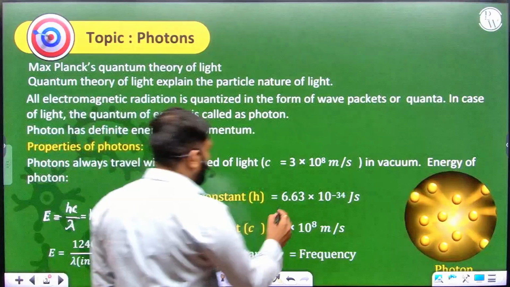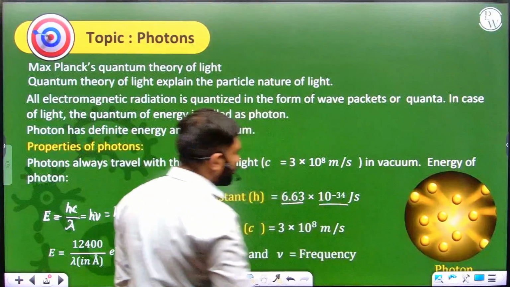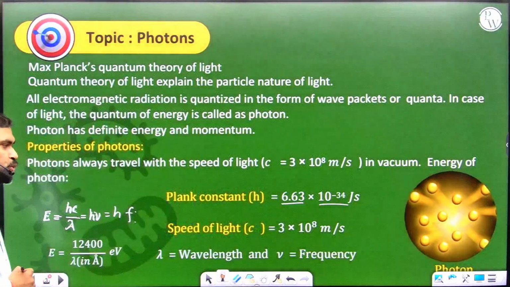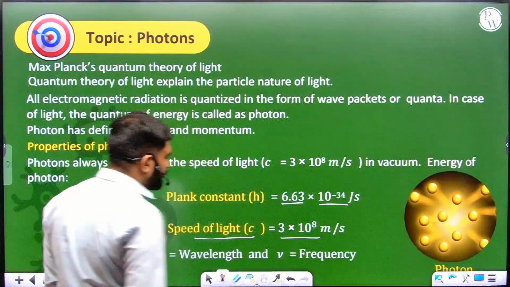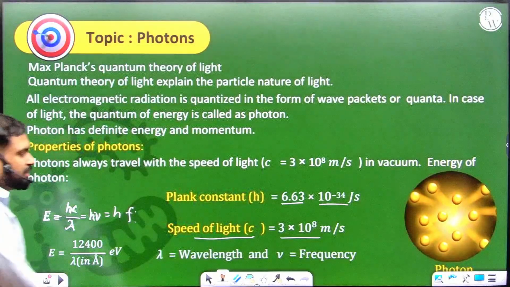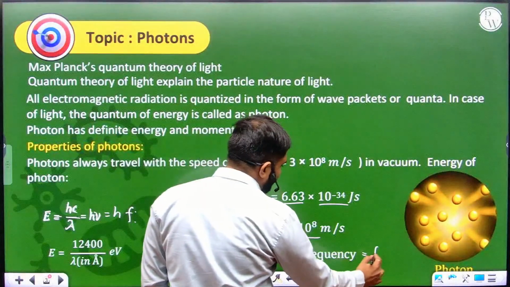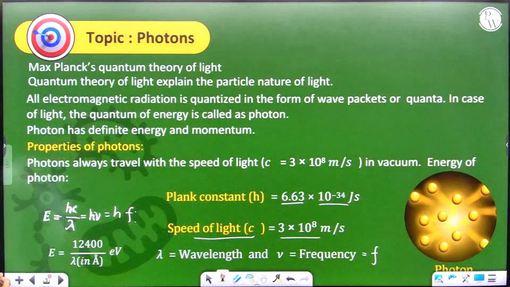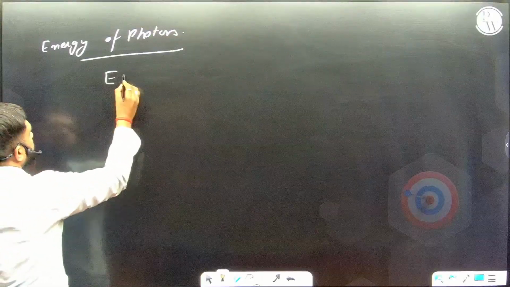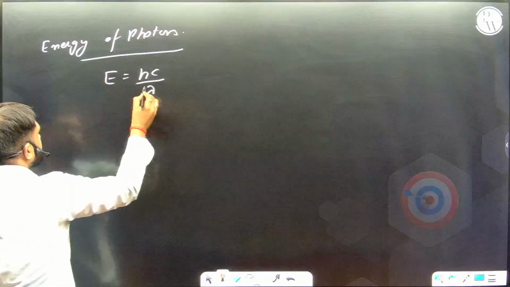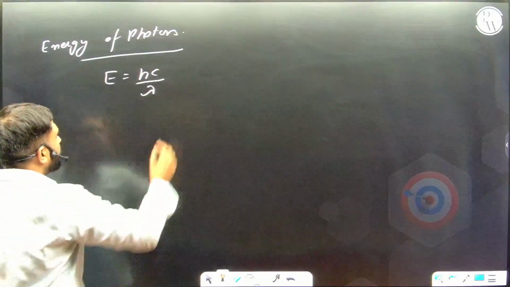Here h is Planck's constant, 6.63 × 10^-34 joule second. c is the speed of light, 3 × 10^8 meter per second. λ is the wavelength and ν is the frequency, or you can write it as f. The energy of the photon is hc/λ, everything in SI units, so the energy comes out in joules.